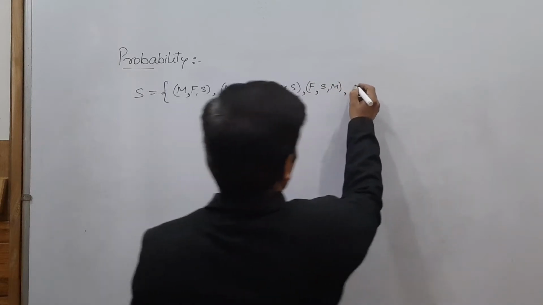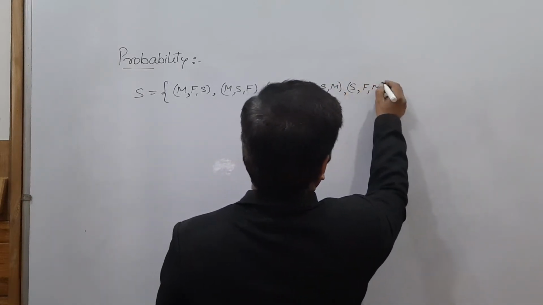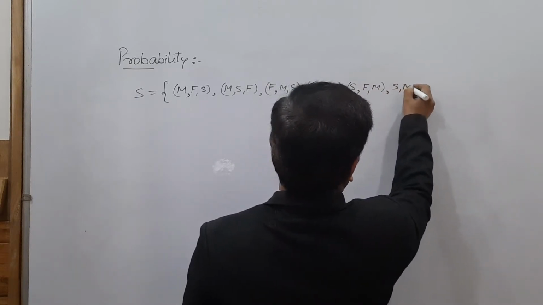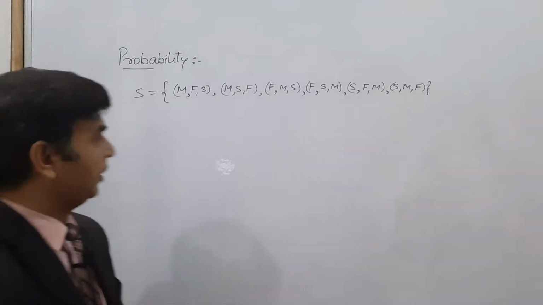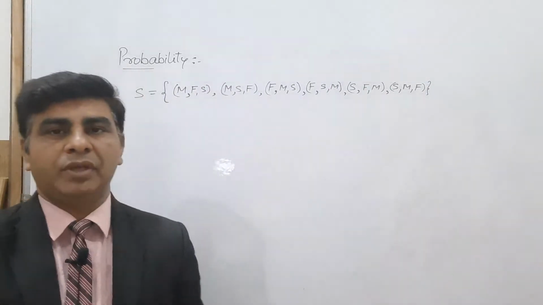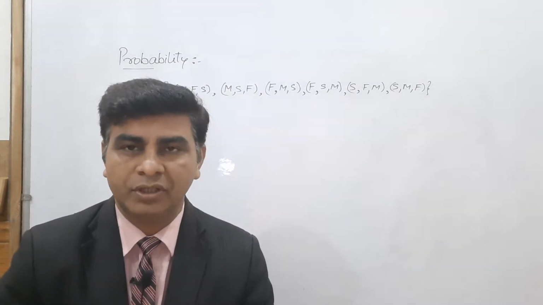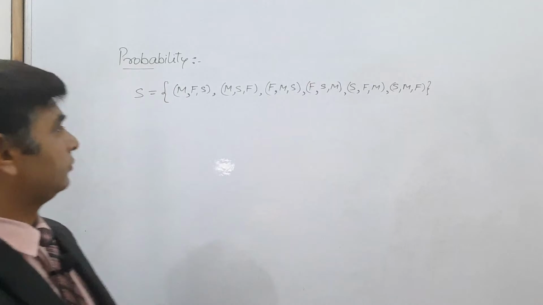Same case will be there whenever son is at one end and father and mother can interchange their positions. So the total number of outcomes may be 1, 2, 3, 4, 5, 6. Six options are there in which they can line up for a family picture.